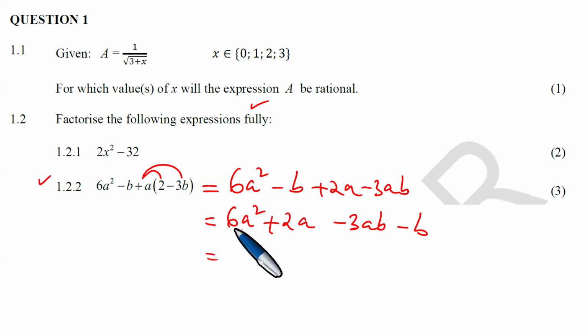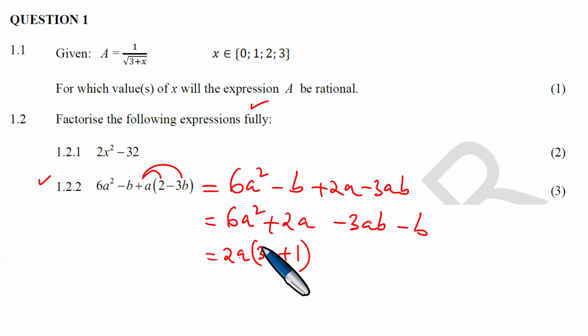So you see that, important. We have the a terms here, the 6a squared and the 2a, and then the minus 3ab and the minus b. So that in the end you'd have 2a like this, then you'd have 3a and 1.